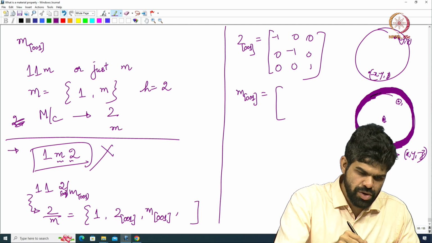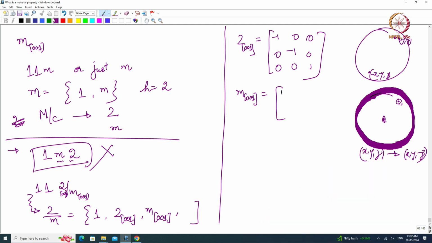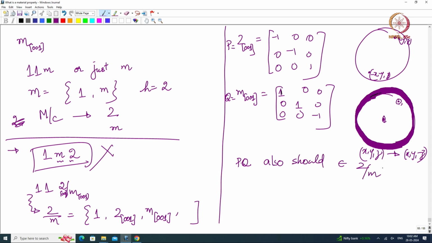Okay. So the symmetry operation, the matrix that describes the symmetry operation, is 1 1 minus 1 0 0 0 0 0. Okay. So this is the operation P, this is the operation Q. If P and Q both of them are operations in my point group, then P times Q also should belong to 2 by m, which is my point group.